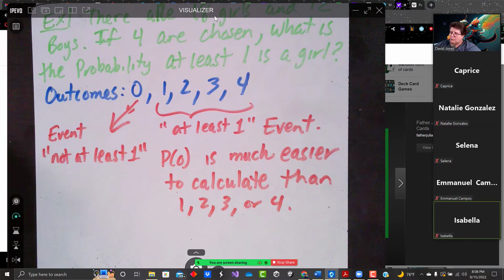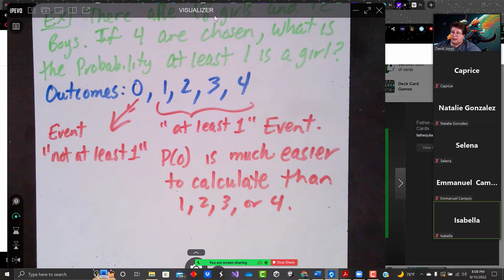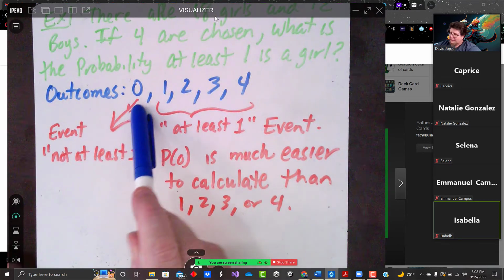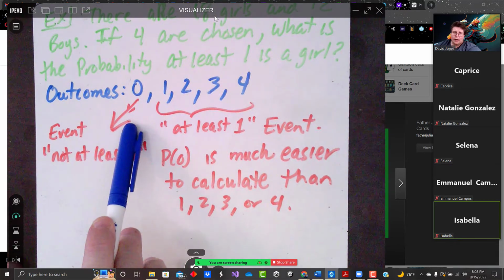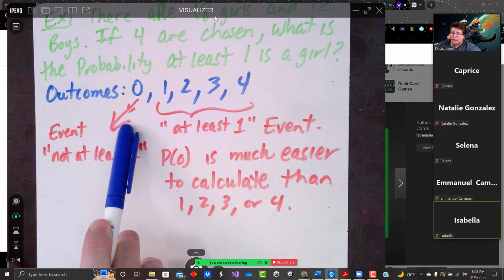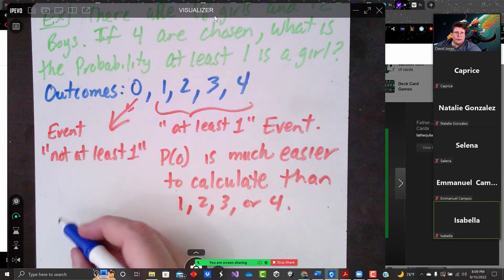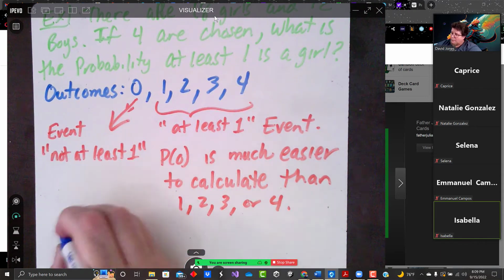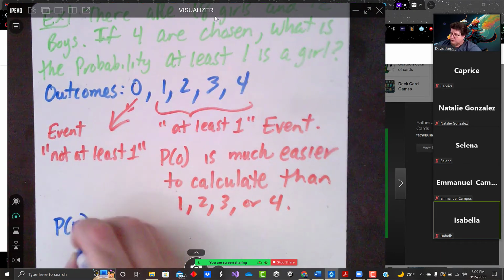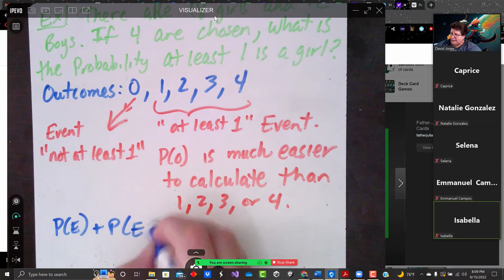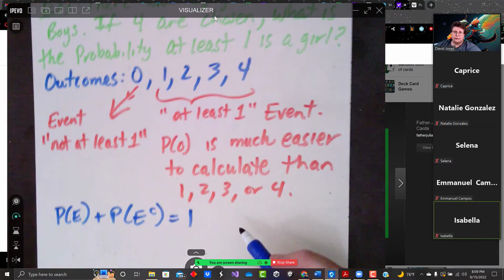So how could we use this? Well, this is easier to calculate, but that's not what I want. I want these. So where that comes in is we use that equation I had where the probability of E plus the probability of E complement equals 1.